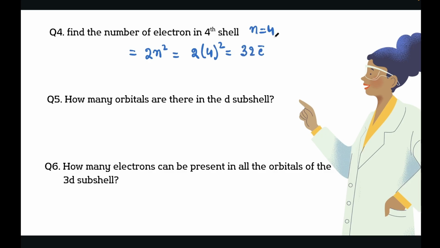We can also find the number of electrons in the fourth shell like this. If n is equal to 4, then the subshells are 4s, 4p, 4d and 4f. So s has 1 orbital, p has 3 orbitals, d has 5 orbitals and f has 7 orbitals.